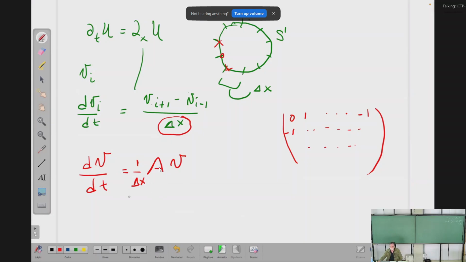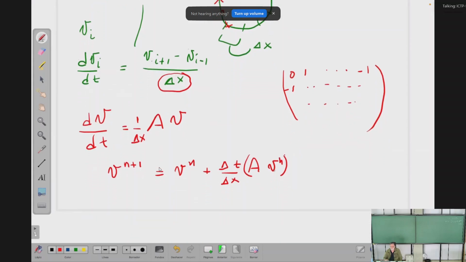So, for instance, if you want to solve this using Runge-Kutta, you will say, okay, the whole vector at the new time step, b^{n+1}, will be b^n plus delta t over delta x times this matrix A acting on b^n.